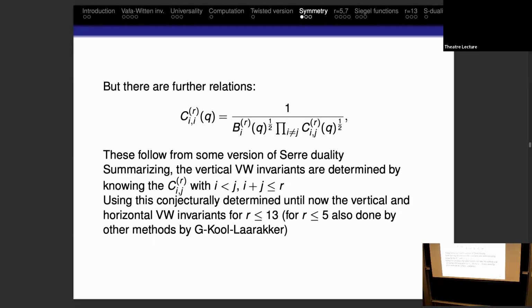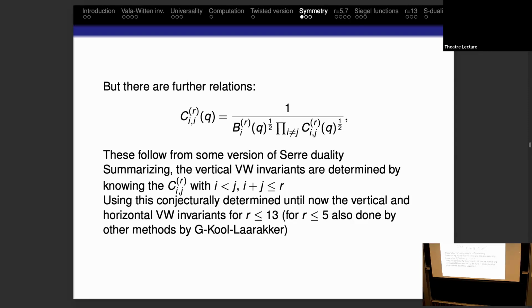So we now only need to know the C_ij with i smaller than j. This follows from some version of Serre duality. Therefore, it turns out the vertical Vafa-Witten invariants will be determined by just knowing the C_ij where i is smaller than j and i plus j is smaller or equal to r.